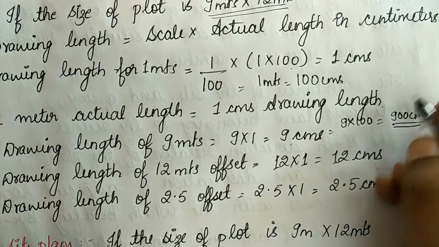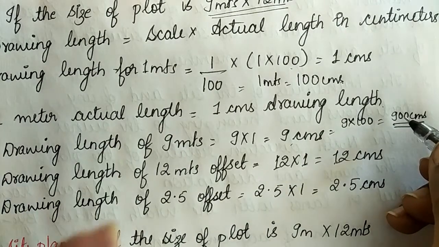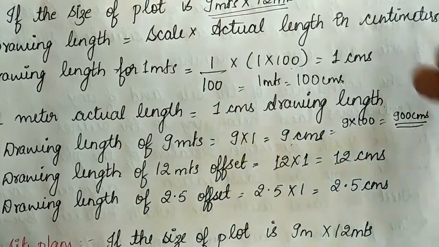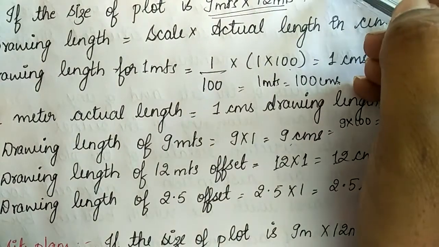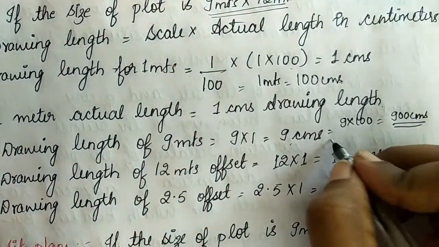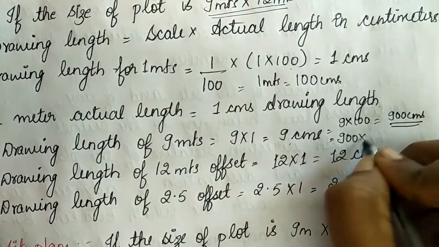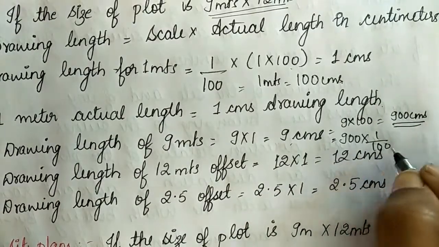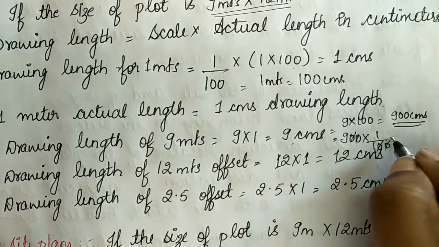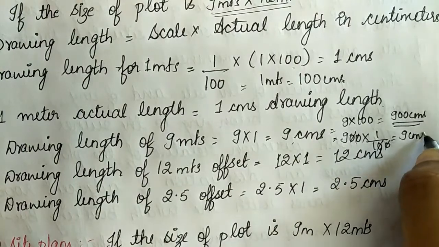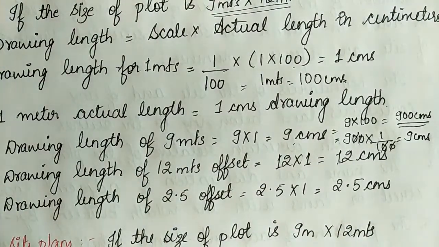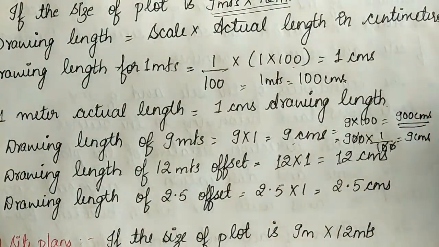Okay, now the next step is, you're going to use the scale ratio here. So in the given example they have given the scale as 1:100. So what you're going to do here is 900 centimeters into 1 divided by 100. So 0 0 will get cancelled here, and what is remaining? 9 centimeter itself.